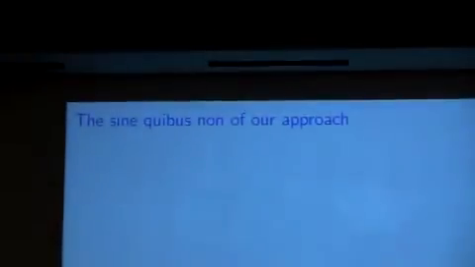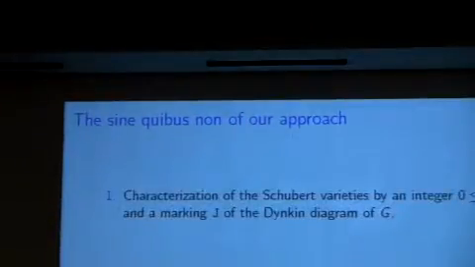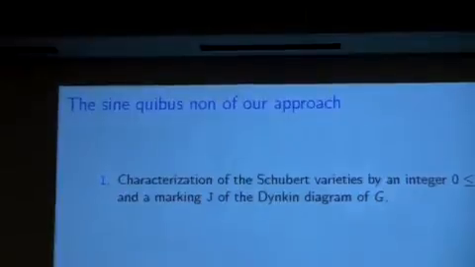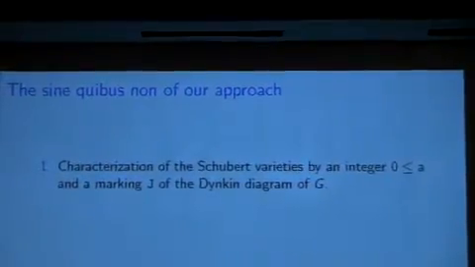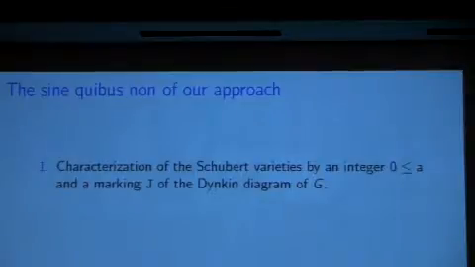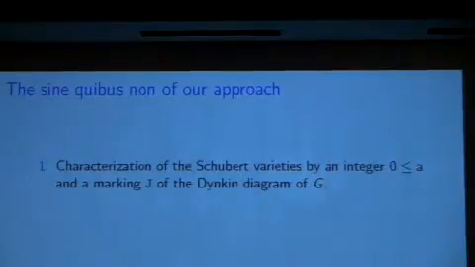Okay. So let me describe to you now how we got over those obstructions. First, we have a description of the Schubert varieties that generalizes the description for the smooth Schubert varieties. It's given by an integer and a marking j of the Hasse diagram.